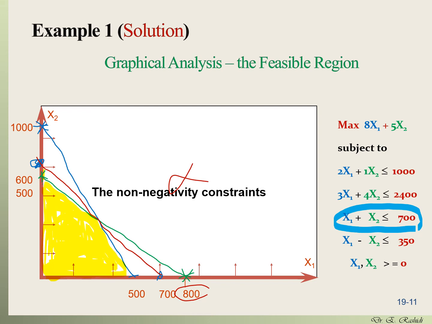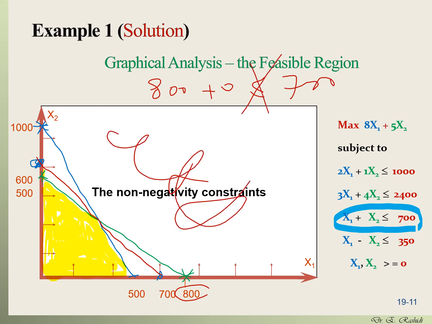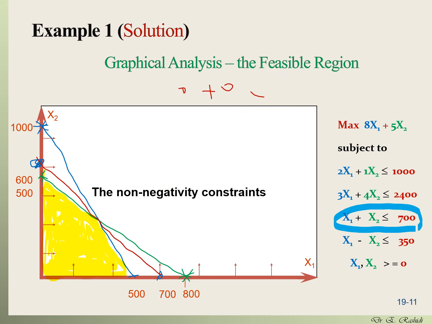So 800 plus 0 should be less than 700, which it is not. This means that the area on the right is infeasible. So this actually didn't change anything. Our feasible space is still the yellow area that we have.